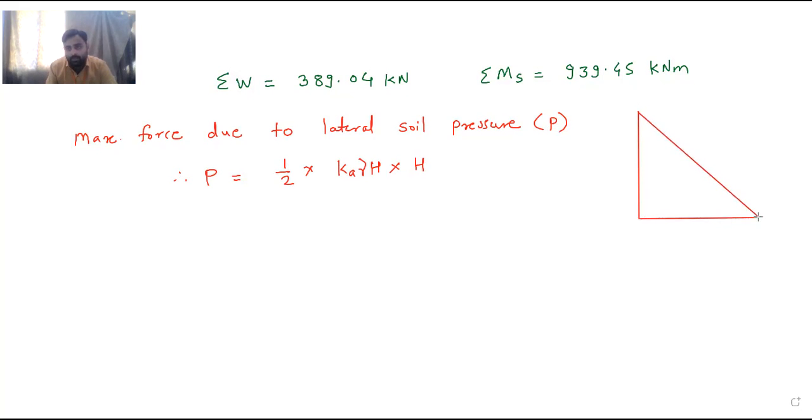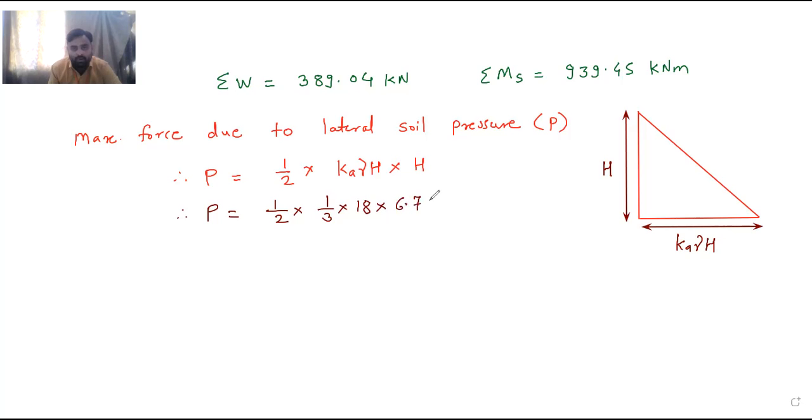It is in triangular shape, and the height of this triangle is H, and this base is K into gamma into H. Now if we put the values, P is equal to half into K, which we have already calculated as 1/3, into gamma 18, into H, the total height 6.7, into H 6.7.